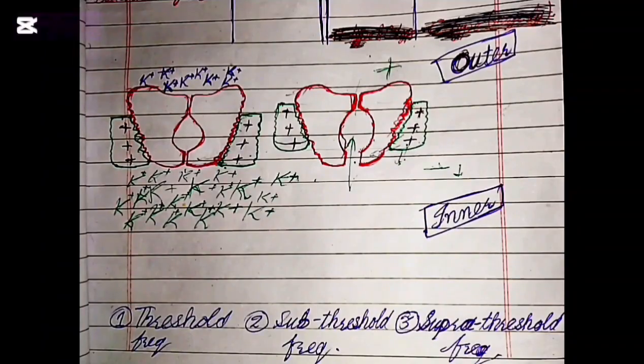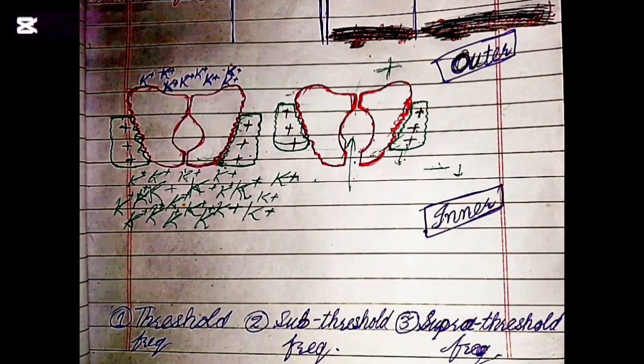When the frequency is increased and reaches suprathreshold, the frequency of the overall graph increases, not the amplitude. The amplitude remains the same every time because the depolarization can't exceed a specific limit. For example, if it reached 35 or 40, it will remain at that value.